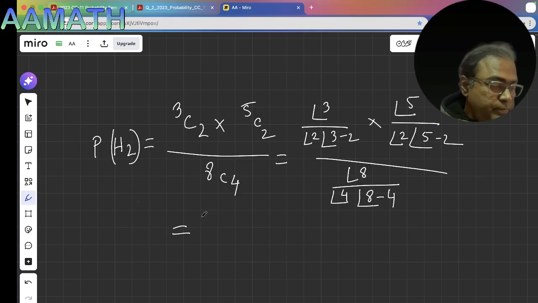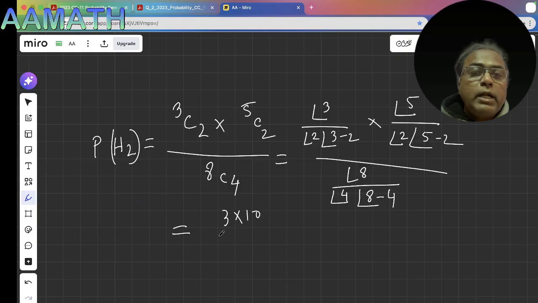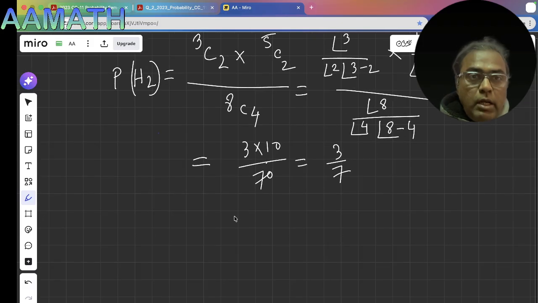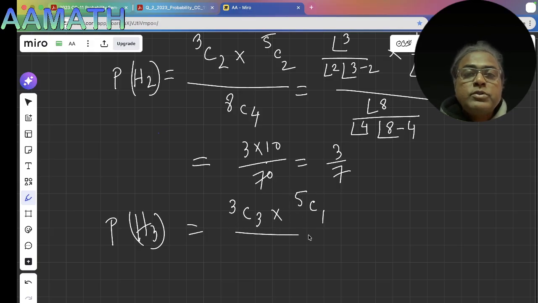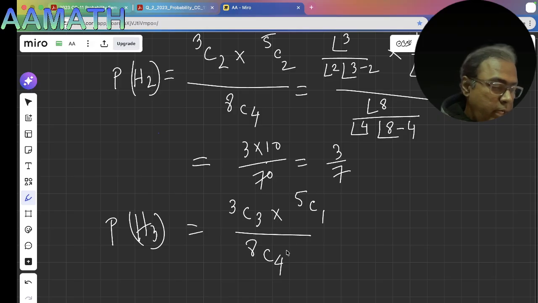And after simplification, you get 3 into 10 divided by 70, equal to, after simplification, 3 by 7. Similarly, for the probability of H3, that is 3 white balls, from 3 white balls, 3C3 into 5 black balls, so 5C1, 1 black ball drawn from the 5 black balls, so divided by 8C4.